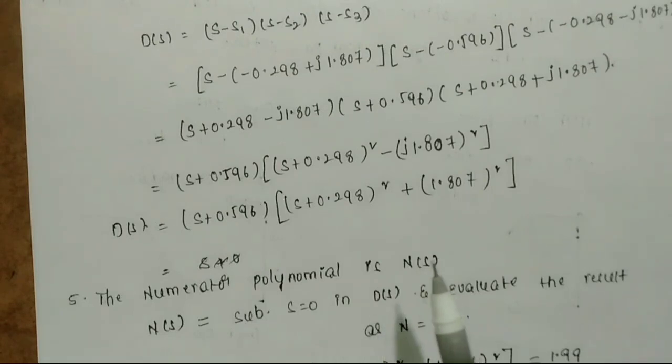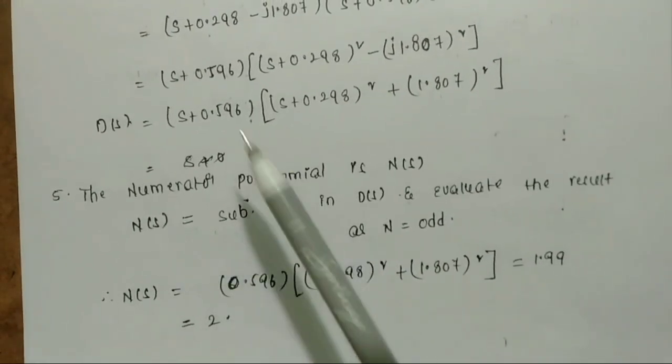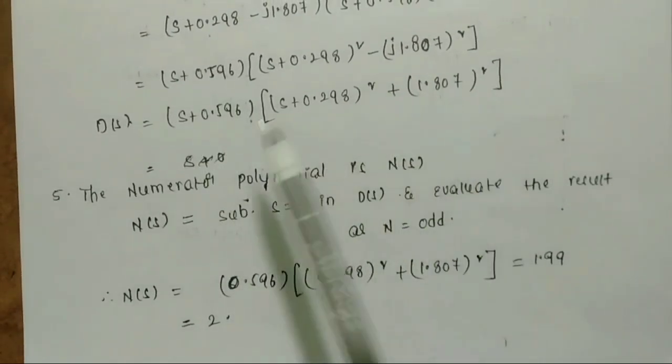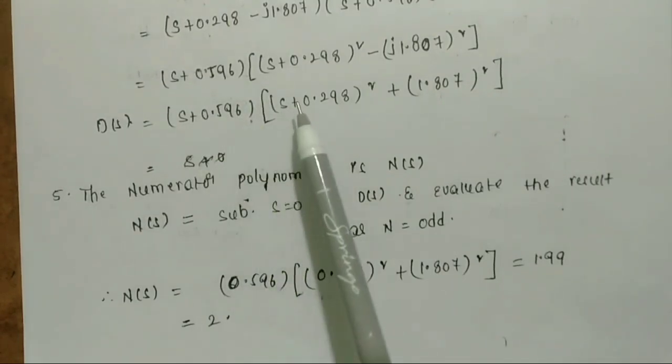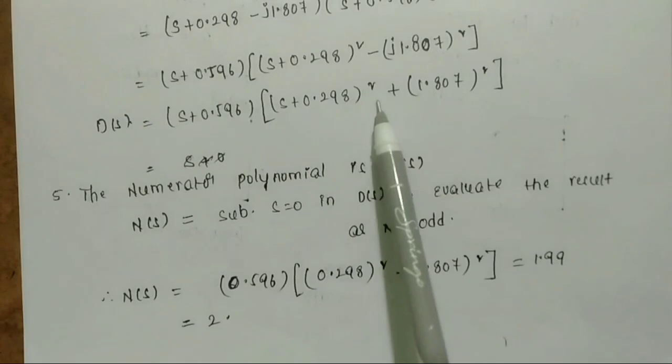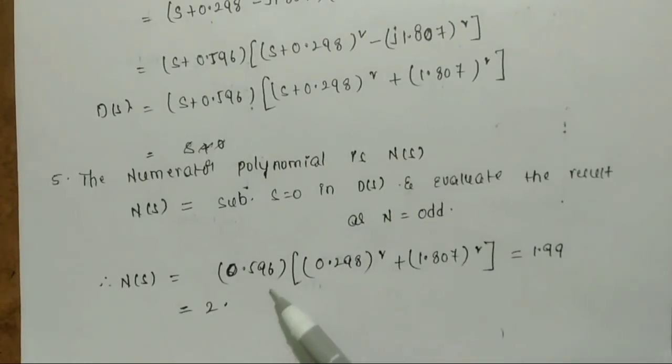Simply substitute s equal to 0 in the denominator, then keep the result as N of s. I have done the same thing. In this equation, substitute s equal to 0, at this place and at this place, and do the calculation using the calculator. You get the value 2.